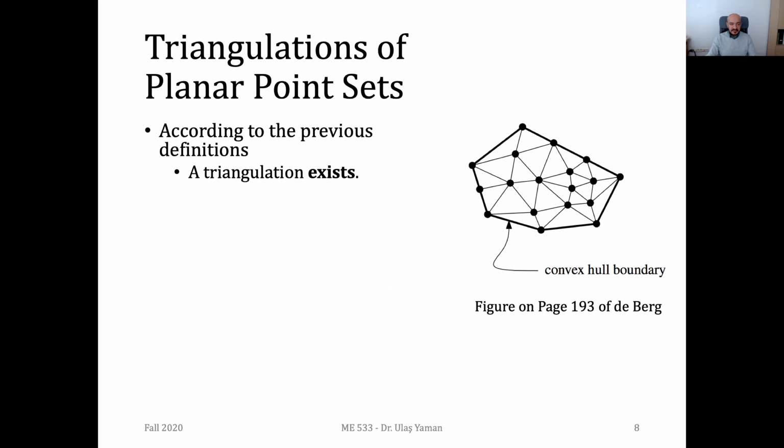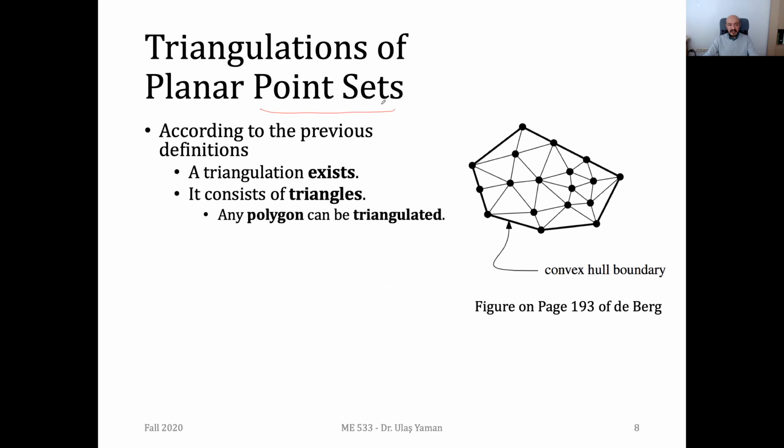So according to our previous definition, once you are given a set of points, we can easily obtain a triangulation. Obviously it will consist of triangles, and you can easily triangulate any given polygon, right? Assume that this is a polygon you have. You can easily triangulate it like this, for instance.